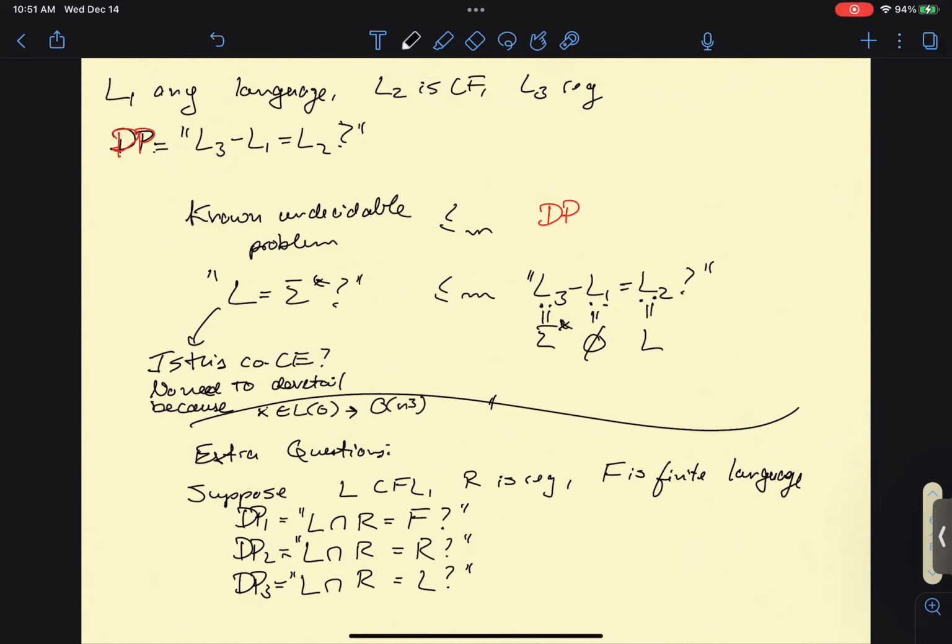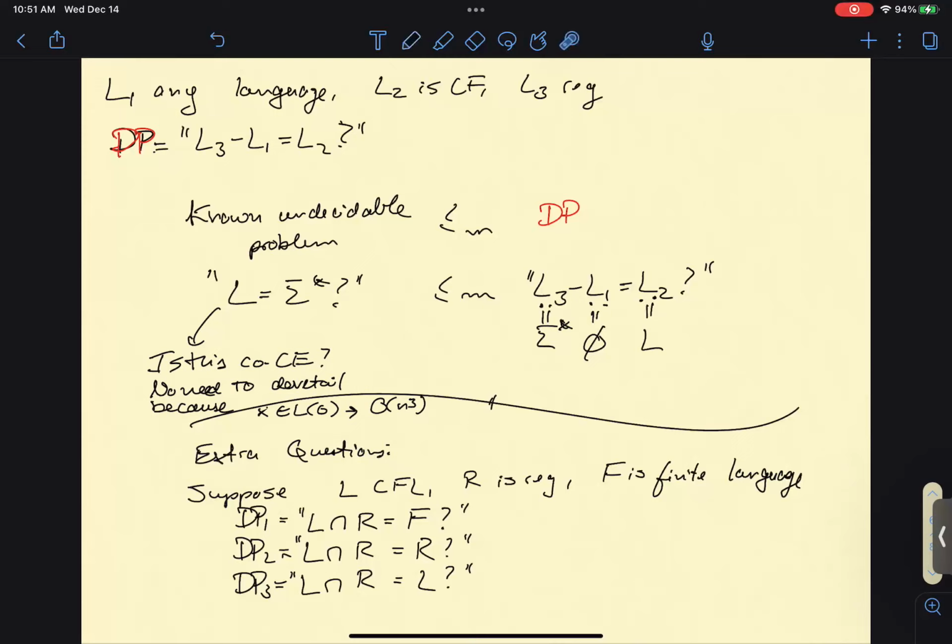So it takes a certain amount of time. Dovetailing is required when you don't have a bound on the runtime, because the runtime could be infinite. But here you don't have to dovetail. Good. Okay, very good.